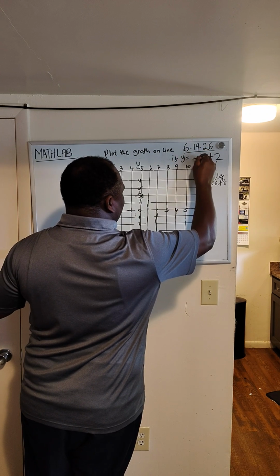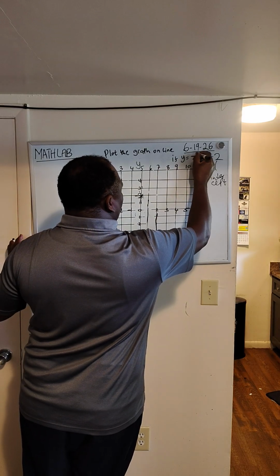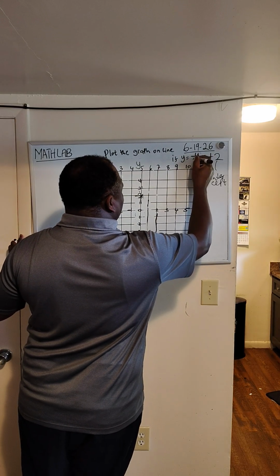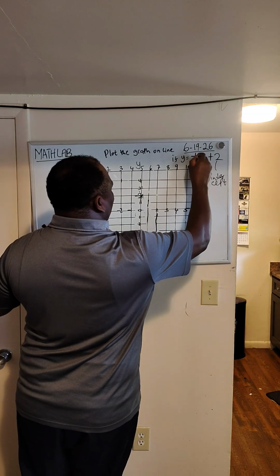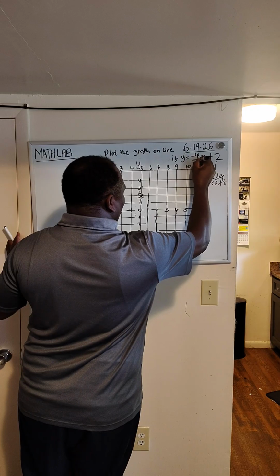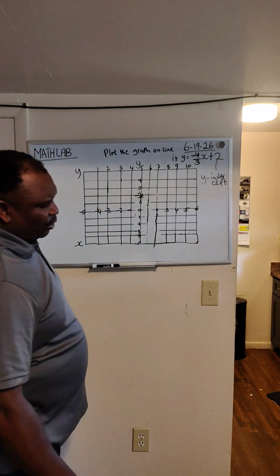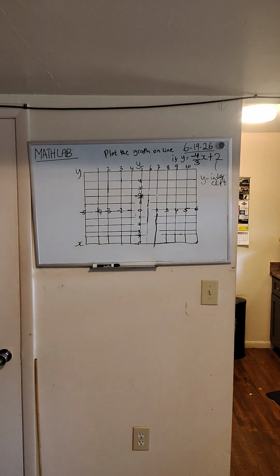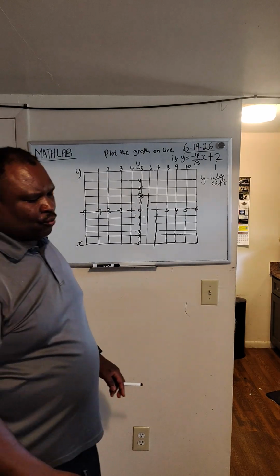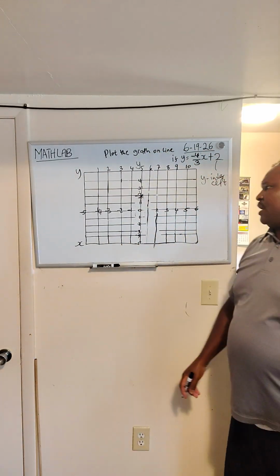Let us use -4 over 3x, and we're going to leave the y-intercept as 2 the way it is.